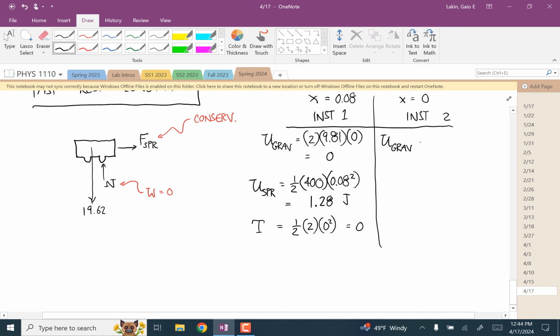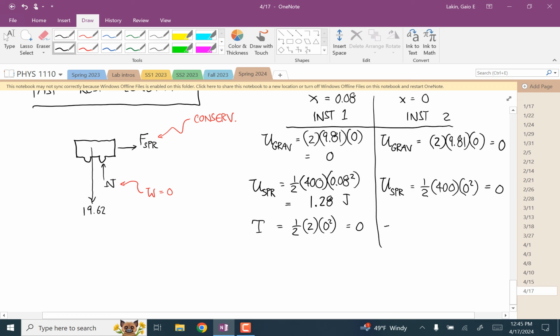The gravitational potential energy is 2 times 9.81 times still a height of 0, so this is 0. The spring potential energy is 1/2 times 400 times 0 squared, because x is 0. And so this also comes out to be 0.